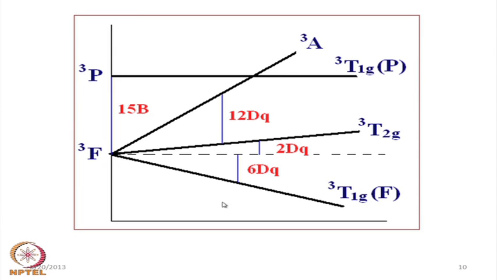So, how do we see these transitions involving the 3P level and the 3F level as the ground state? In this case we have a very basic diagram, which we can consider as the Orgel diagram, and in the final form it can be considered as the Tanabe-Sugano diagram.